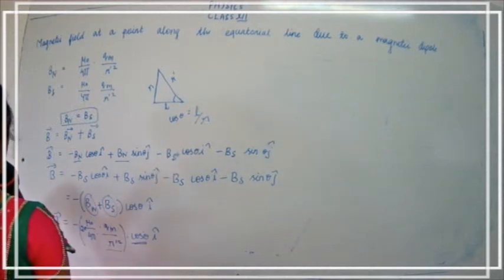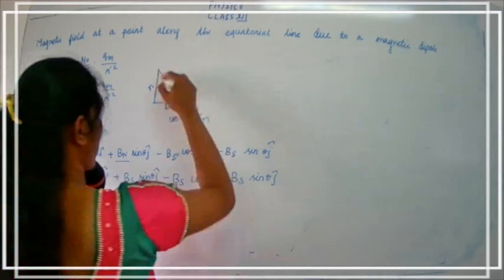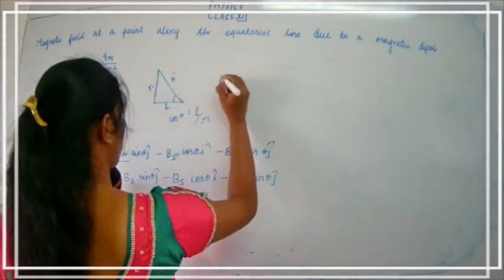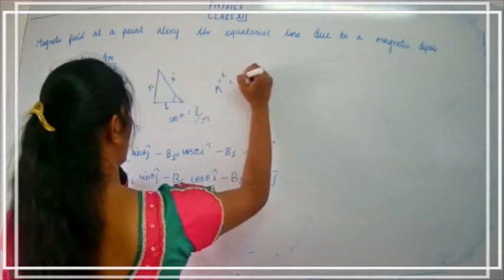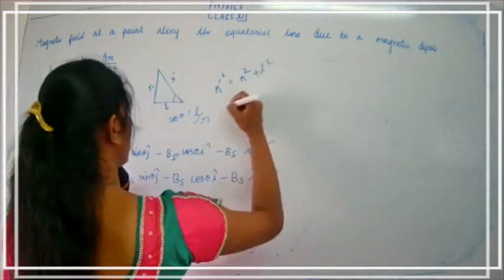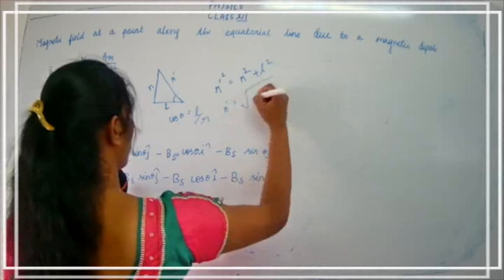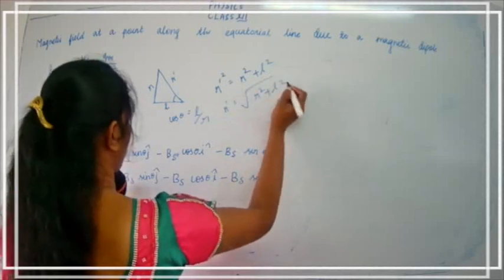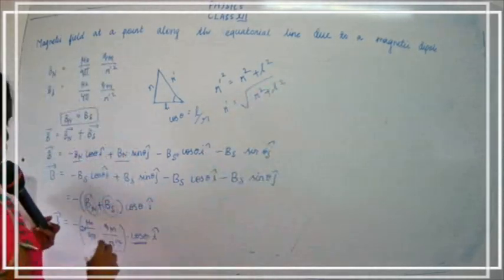For r dash, we know the hypotenuse, r dash square is equal to r square plus L square. So r dash will be root of r square plus L square. Now you apply it here.